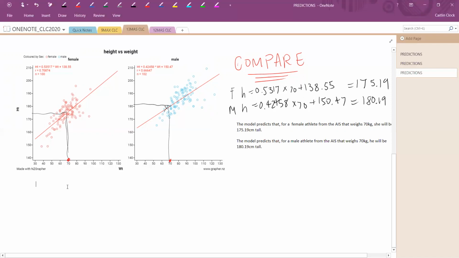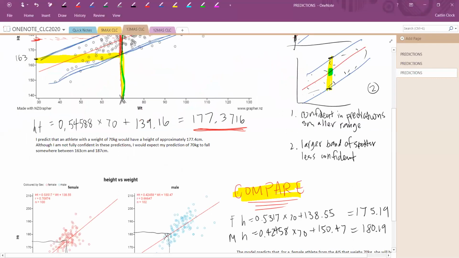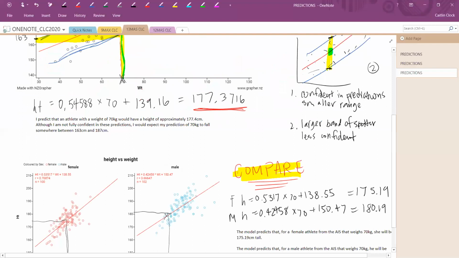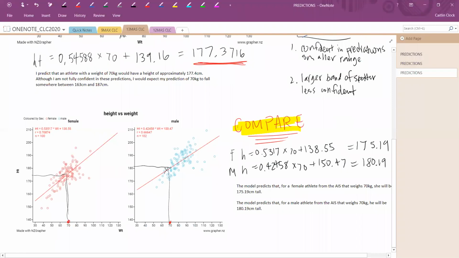Now, the important thing, remember, is to compare. So not only do we want to compare to each other, but we also want to compare to our previous model. So how does that compare to 177? And how does it compare to each other?